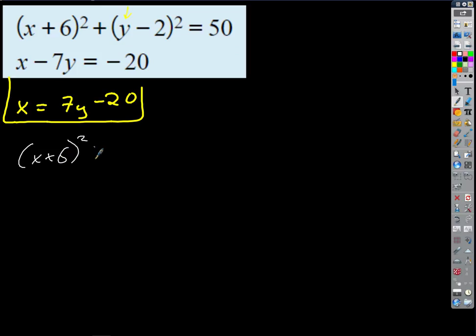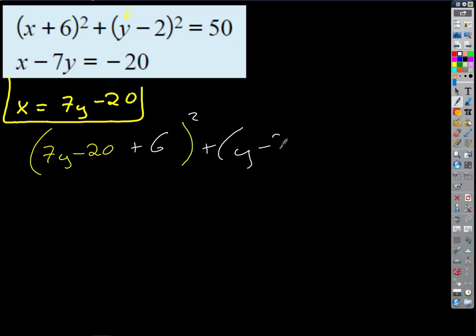Oh, other way around. Okay, so in the top equation, instead of an x, we're going to plug in 7y − 20, plus 6, squared, plus (y − 2) squared equals 50.